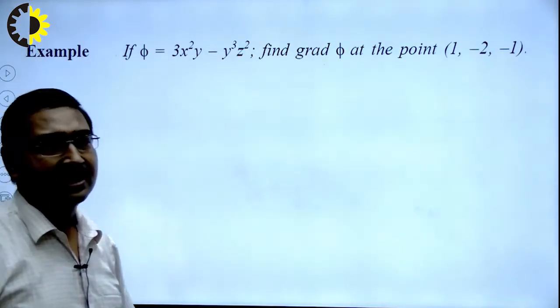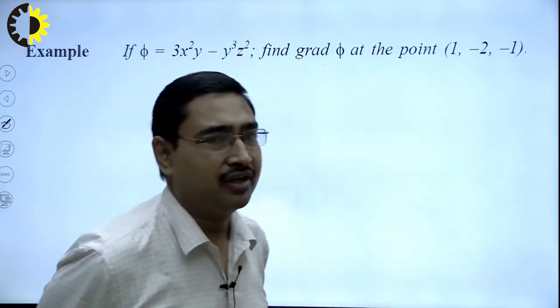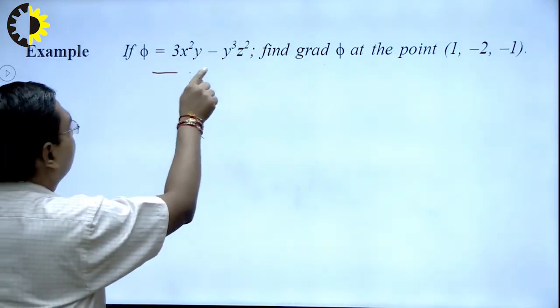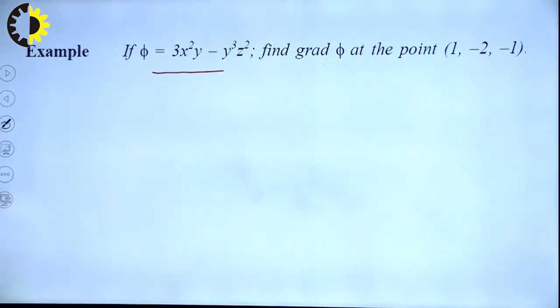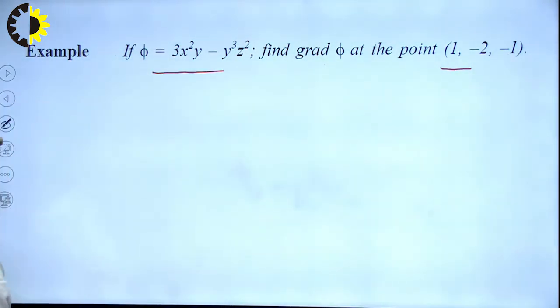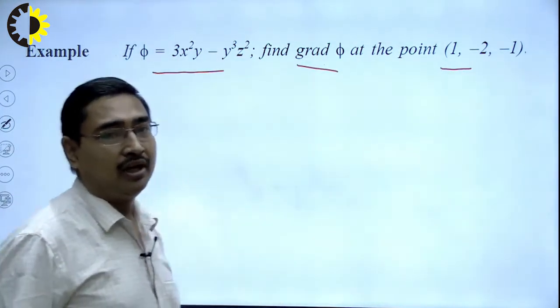Now, we take an example of how we can calculate grad phi for some particular function. Suppose we are given that phi is 3x²y minus y³ minus z². Find grad phi at the point (1, -2, -1). This function phi is given and we wish to find grad phi for this particular point.